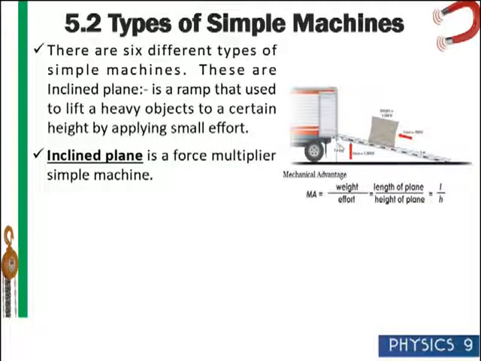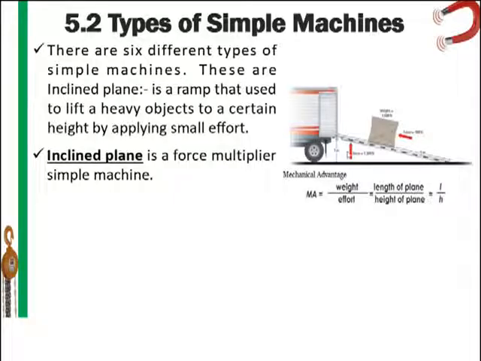So let's assume, as in this example, the height is 1 meter. Therefore, the gravitational potential energy would be equal to 1,500 newtons multiplied by 1, which gives a gravitational potential energy of 1,500 joules, or newton meters.